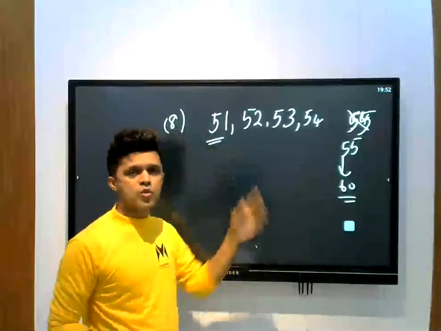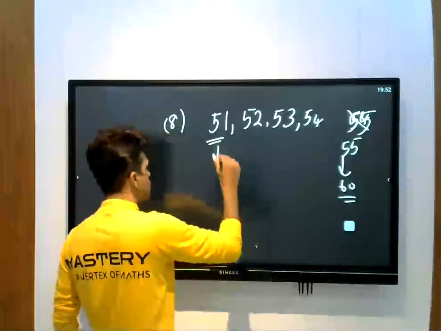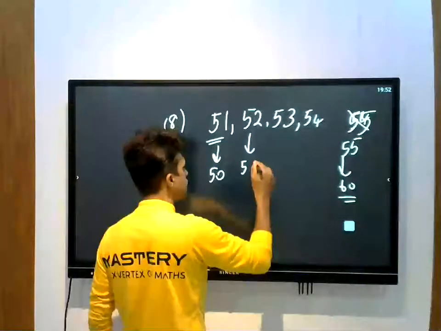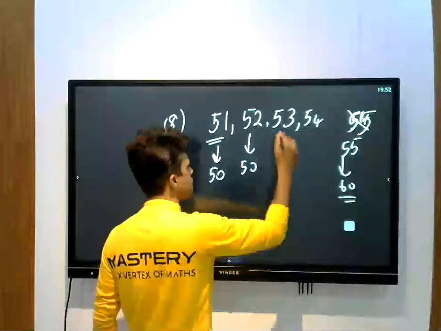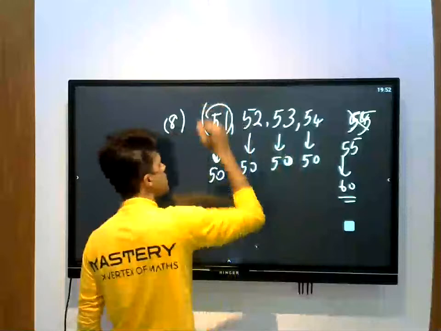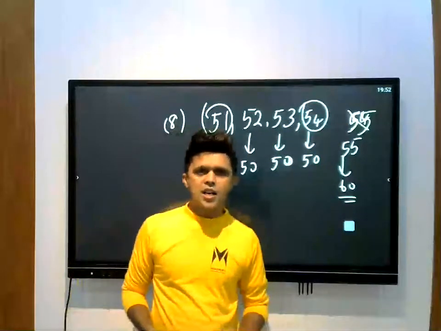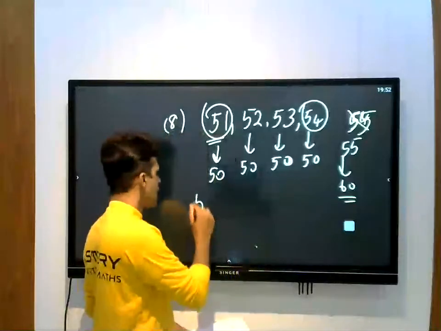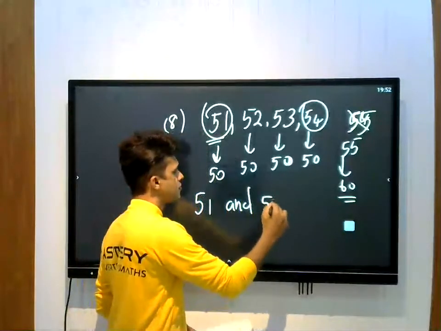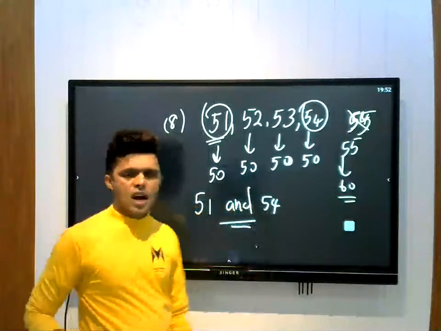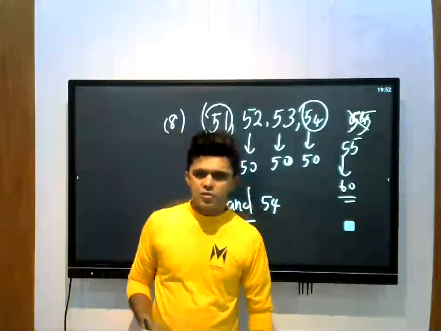Which means when you round this one, you get 50. Hmm, so the least value should be 51. The highest value is 54. These are the answers: 51 is the least value and 54 is the highest value.